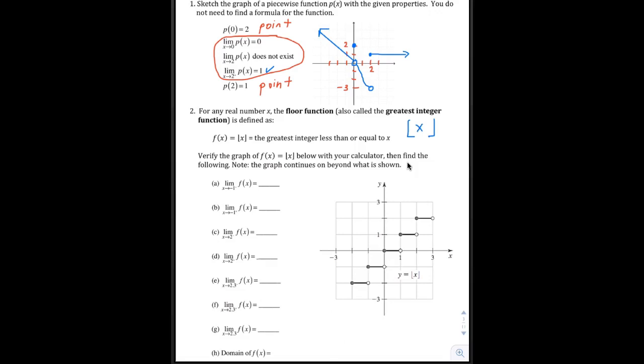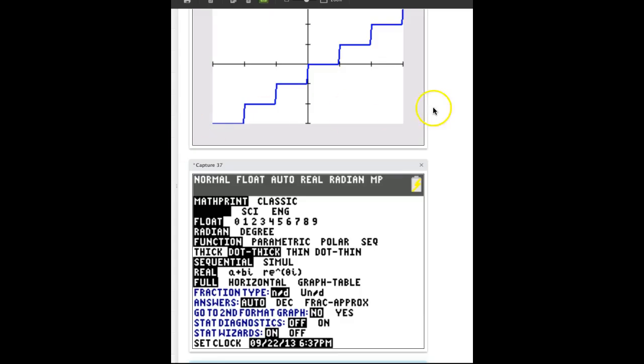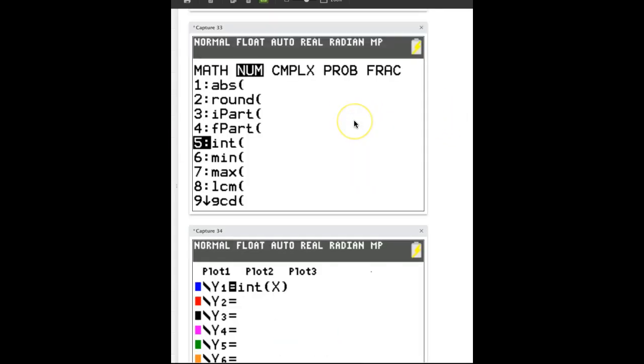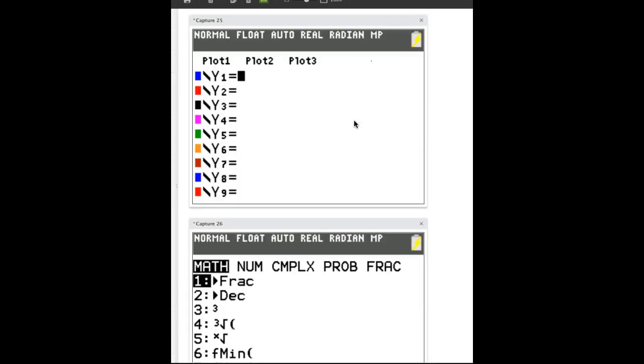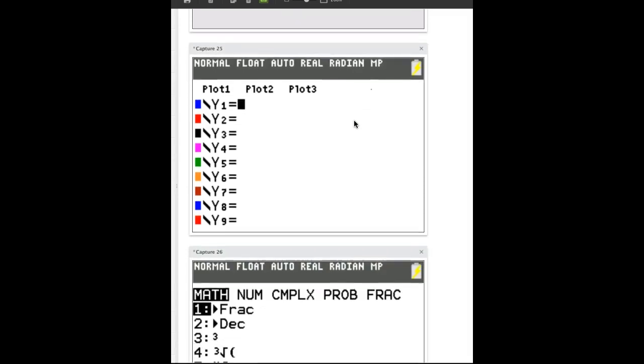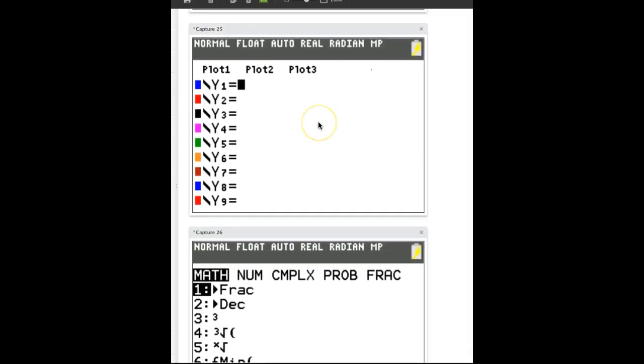Well, first, let's take a look at how we produce this graph in our calculator. Let me scroll up for a second, and I'm going to start you off here. The first thing that we want to do is go to y equals in your calculator.